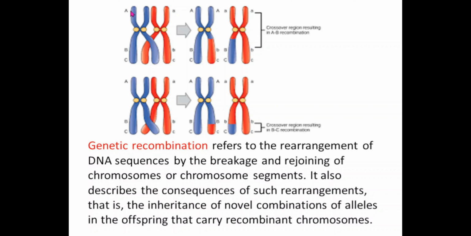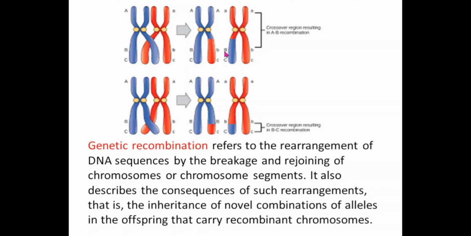For example, here there will be an A kind of gene, here a B kind of gene, here a C kind of gene. After crossing over, there will be an exchange of the genes. Originally, this segment was blue; in this case it is red. In this case it is blue; originally it was red.